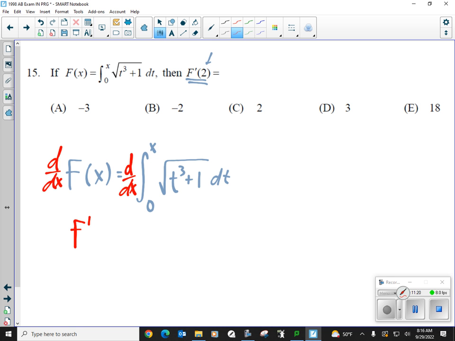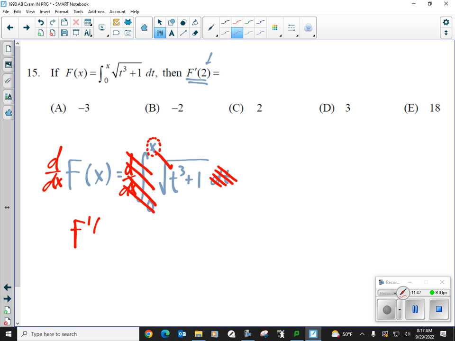So this problem is asking you to take the derivative of an integral. What you had to fight the urge to do in problem 5, you have to do for problem 15. When I take the derivative of an integral, they're like opposites. This goes bye-bye. The dummy variable goes away with the integral, and this variable here just gets substituted in.